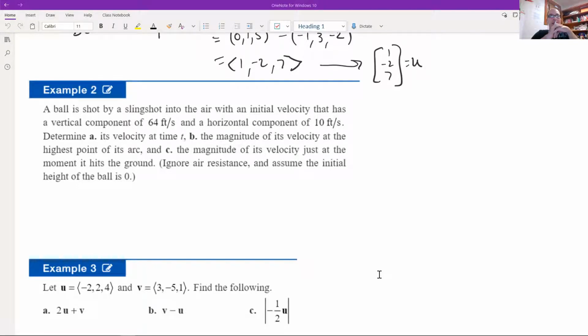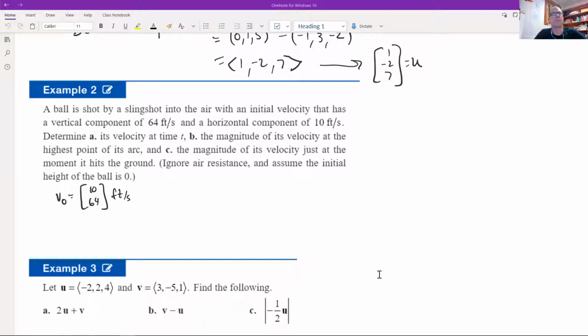Velocity at time t. Okay, so this is going to be a vector throughout this. All right, initial velocity is a vector where we've got 64 feet per second in the second one, sorry, in the vertical component, and 10 feet per second in the horizontal component.